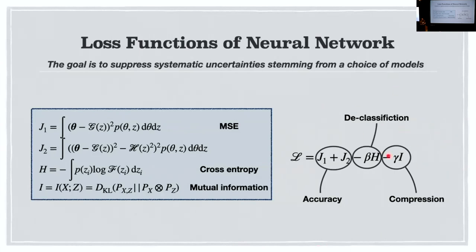To declassify, we minimize the cross entropy, and for the accuracy of the estimation, we're trying to minimize the MSE, the J1 and J2.